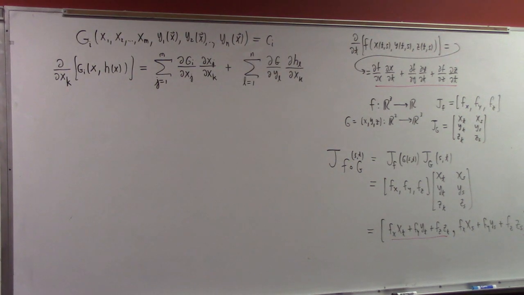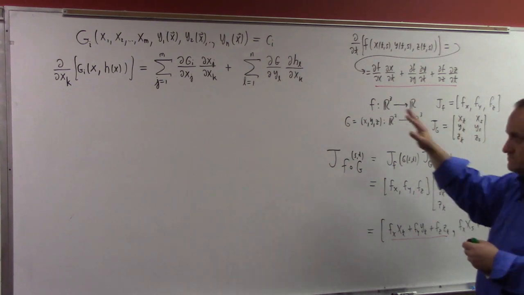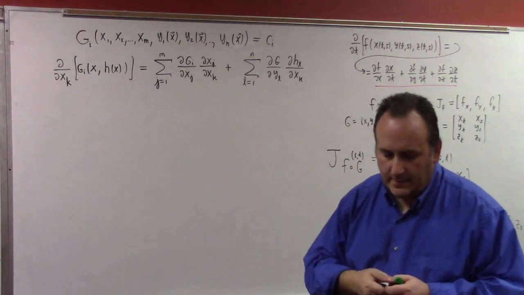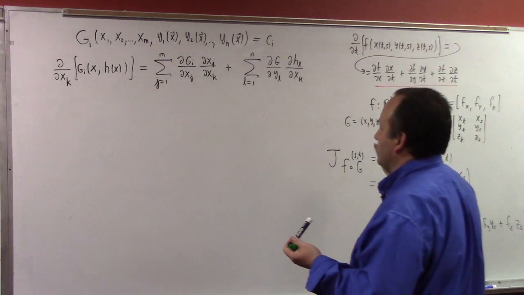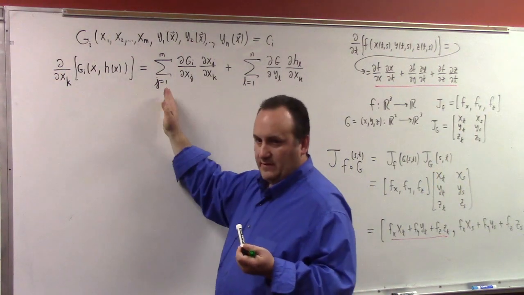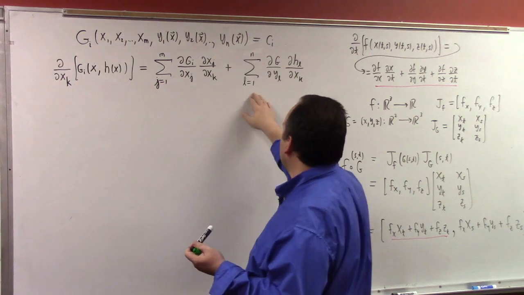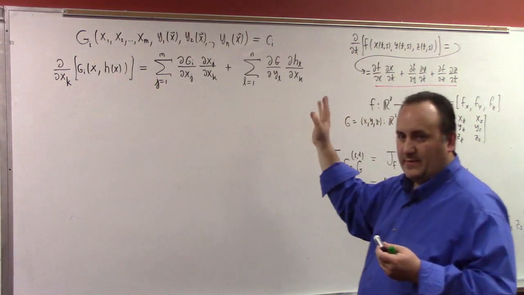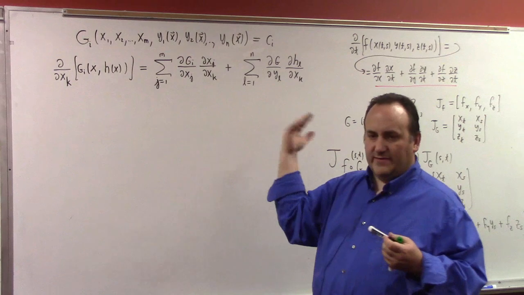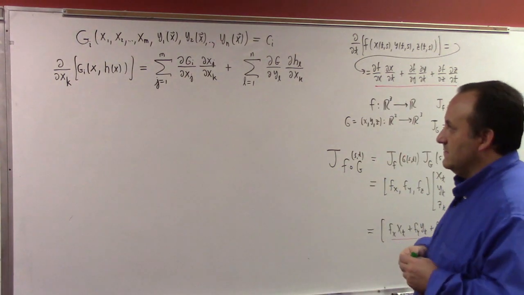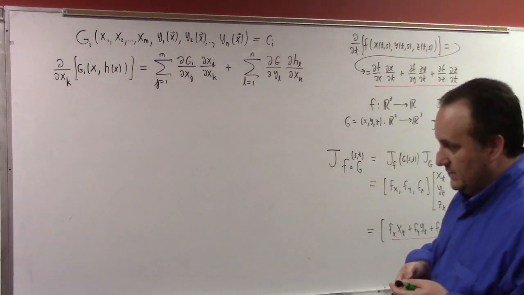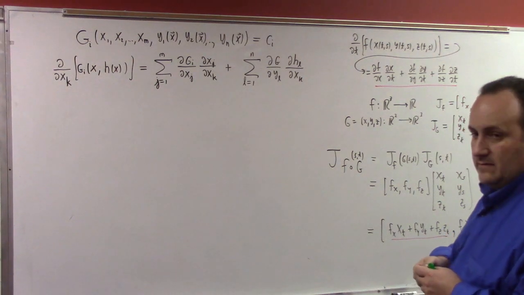So anyway, that's the backdrop. That's why this chain rule is what it is. And it just so happens here that we have a special notation for the first m columns versus the last n columns, because we're anticipating solving for the last n variables. That's just a current notational gimmick.